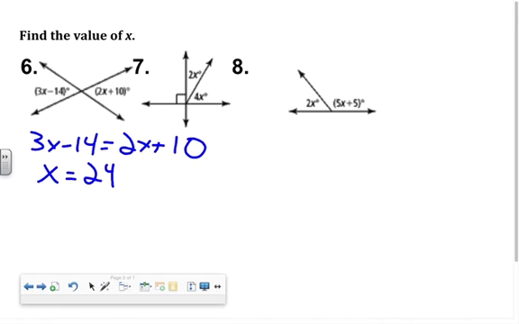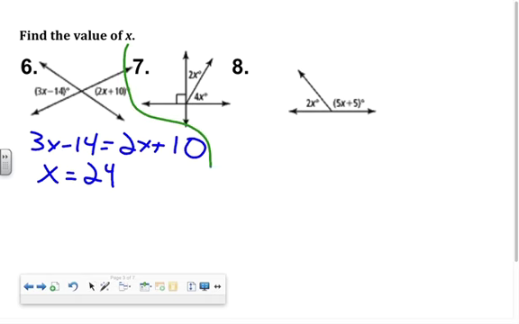In this particular instance, all I wanted was the value of x. On the EOC, if they had named that angle ABC and asked find the measure of angle ABC, I can almost guarantee you if this was a multiple choice question, 24 would be one of your choices. You've got to read the question. But in this particular instance, that's all they wanted.